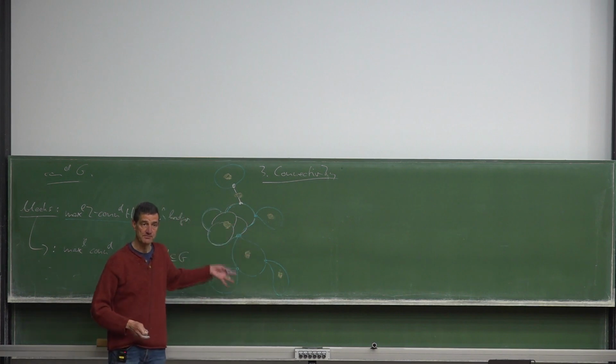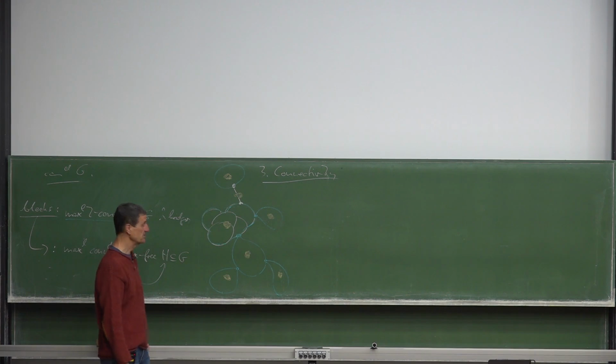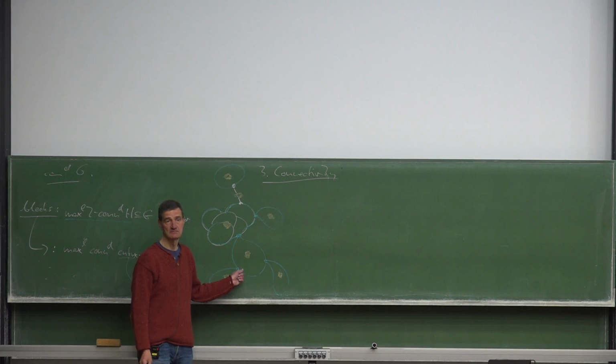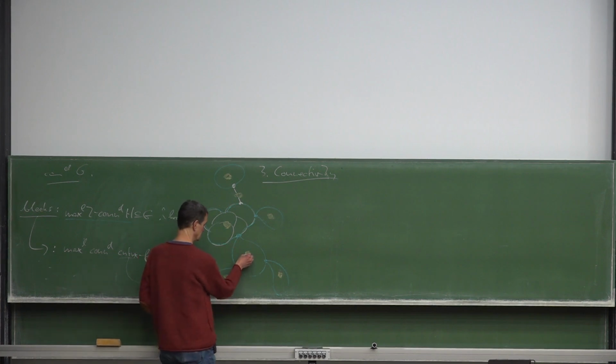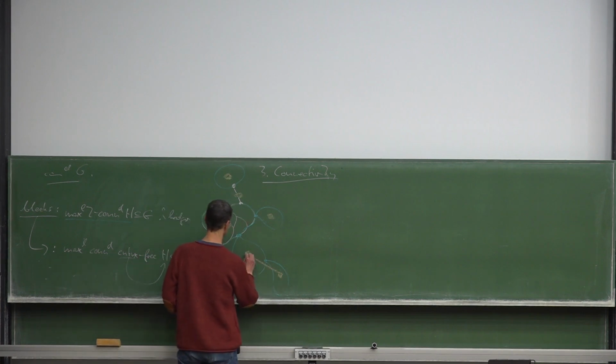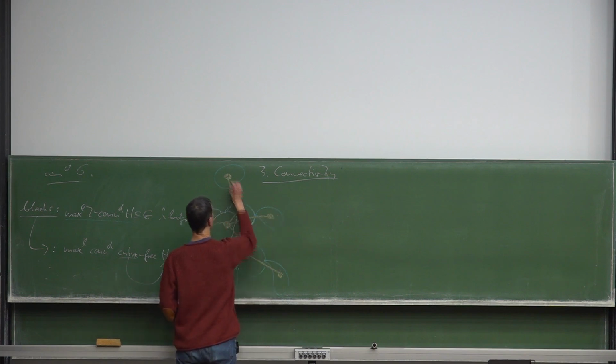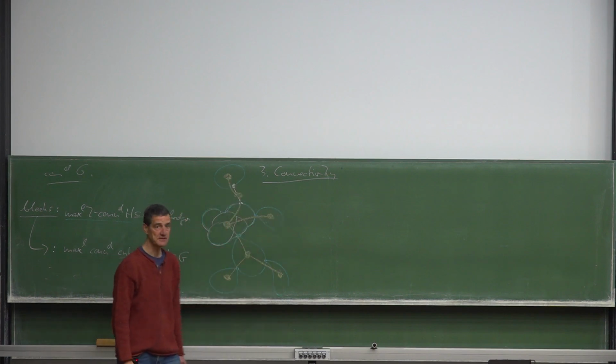Otherwise, every component would be such a tree. And when do two of these form an edge? Well, if they share a vertex. Looks good. Nice tree.